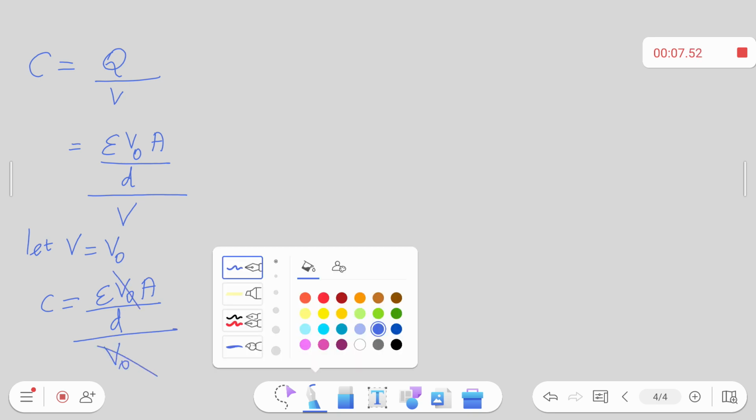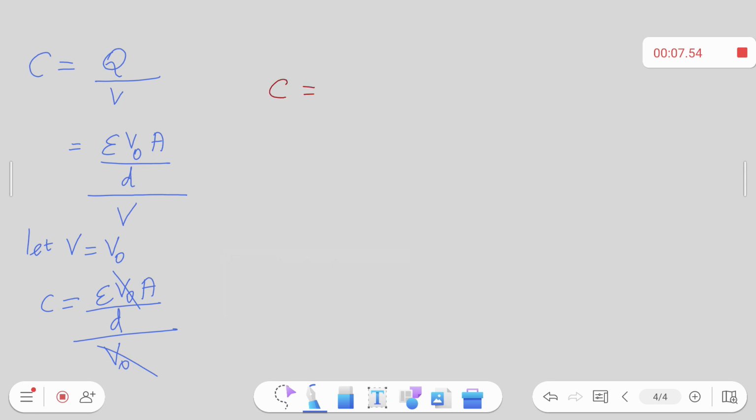So my capacitance C will be epsilon into A by d.